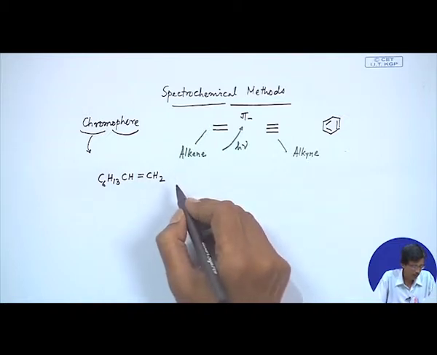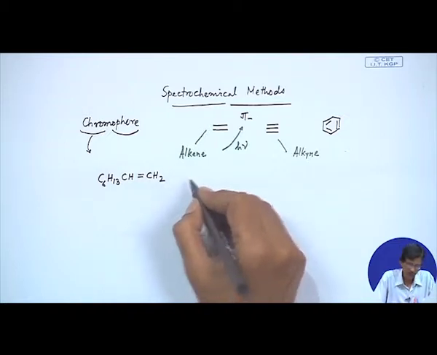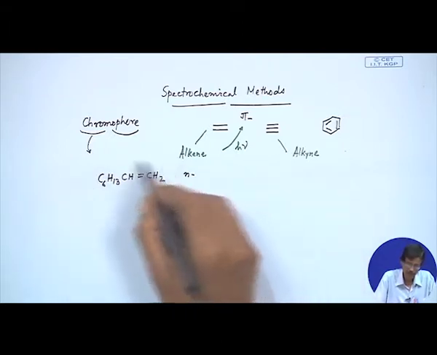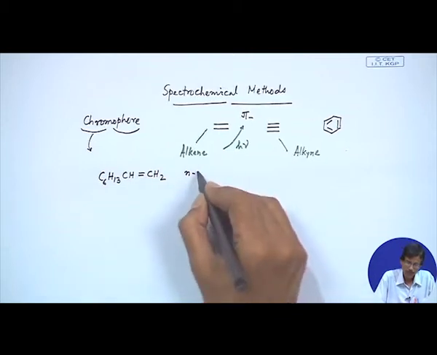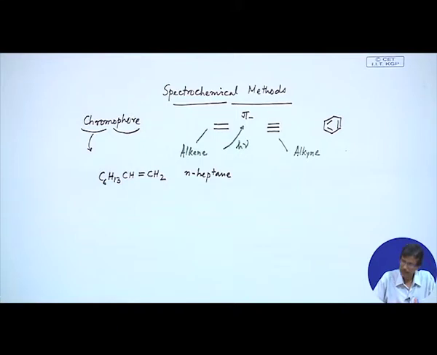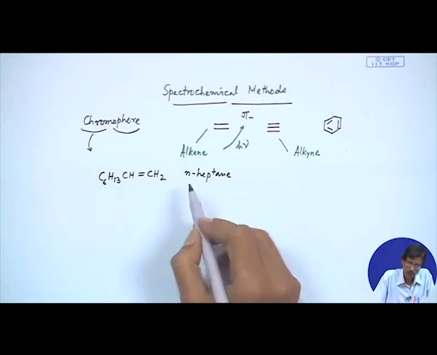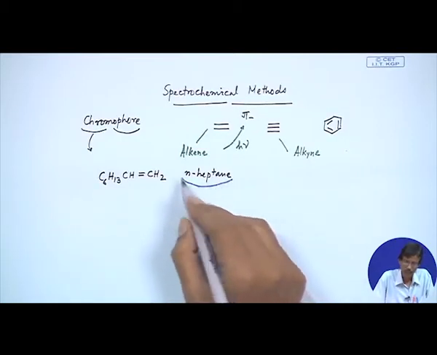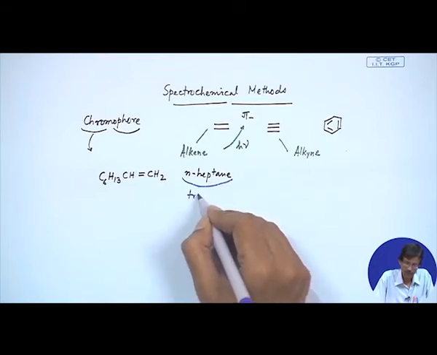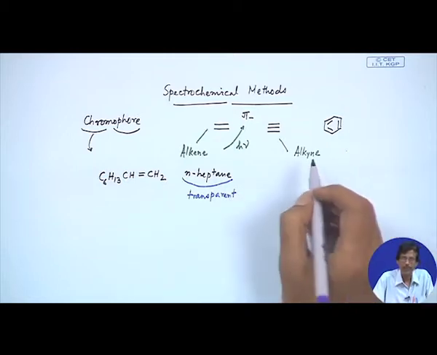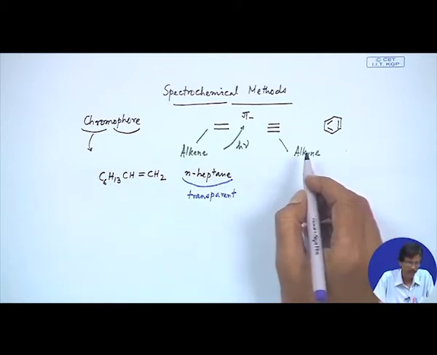So, what we find is that if we take this particular species in a particular solvent, that means if it is a liquid one, we take n-heptane, and this is a typical solvent where the solvent should not show any kind of electronic absorption. That means the solvent should be transparent in that particular medium of study or in the particular wavelength range of study.